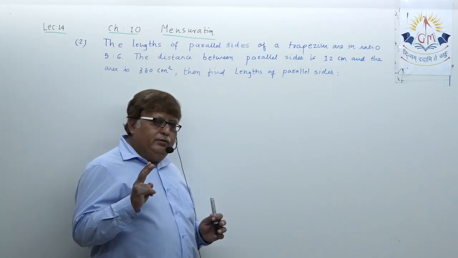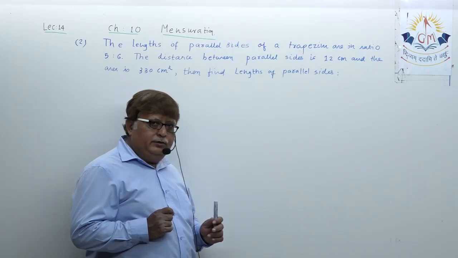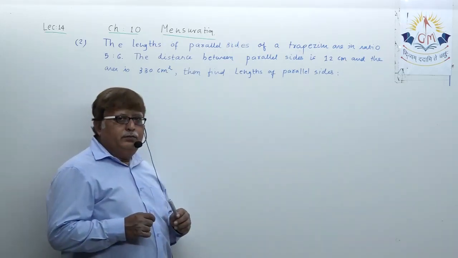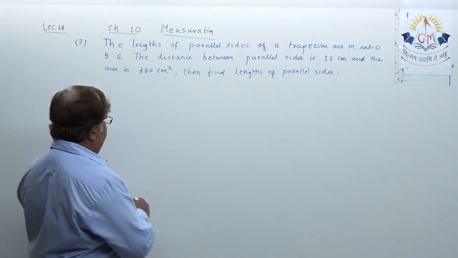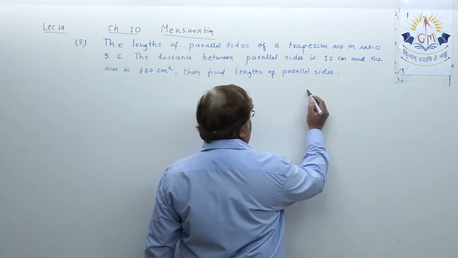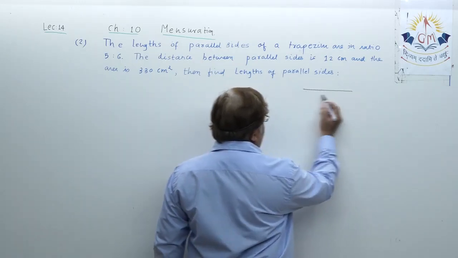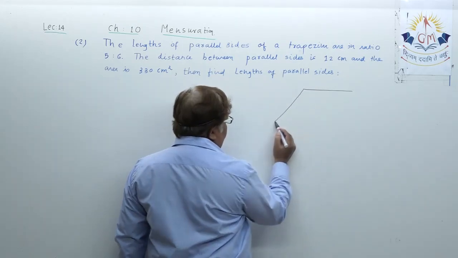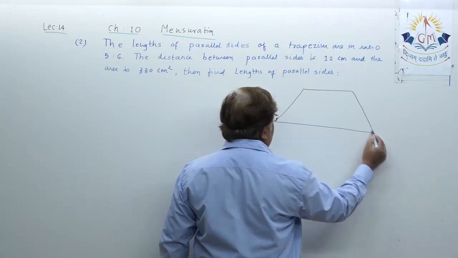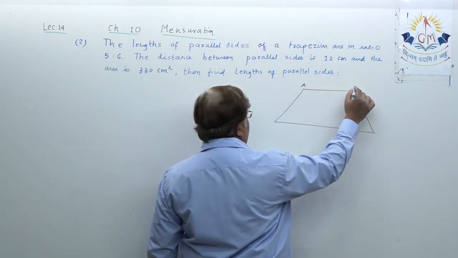Two parallel sides are a and b. Understood? They are in ratio 5:6. Suppose, student, I don't think there is a need to draw the trapezium, but suppose this is the trapezium and we name it ABCD.